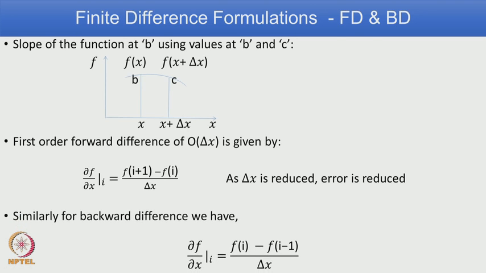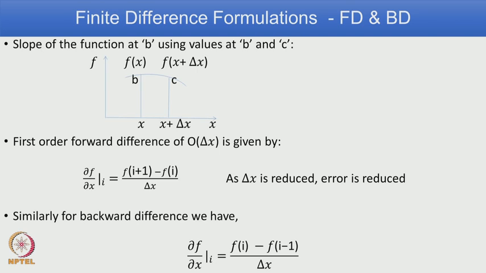And we also wrote down the final formula for the same first derivative by using backward differential scheme, and that is shown here as dou f by dou x at I equal to f of I minus f of I minus 1 by delta x. We also noticed that this is of order delta x, which is a leading term that we have not considered.